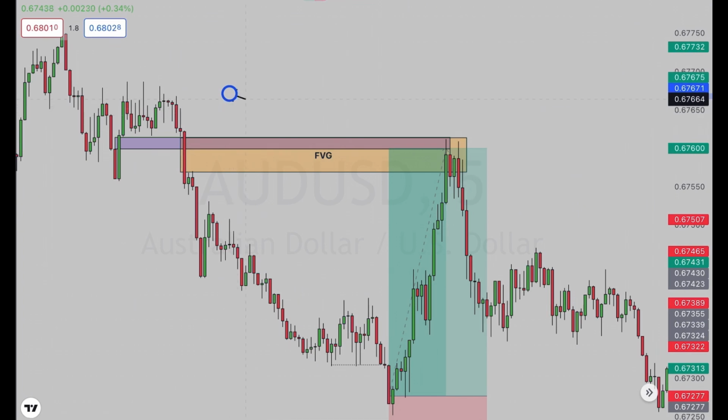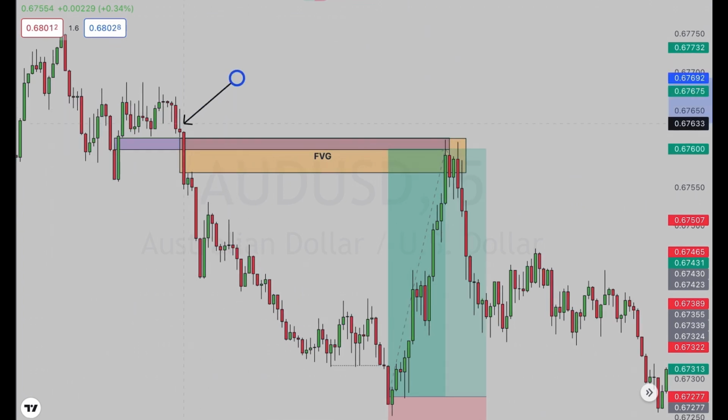So one thing that might help you guys by a mile is that fair value gaps are more powerful when they don't have huge consolidations behind them.